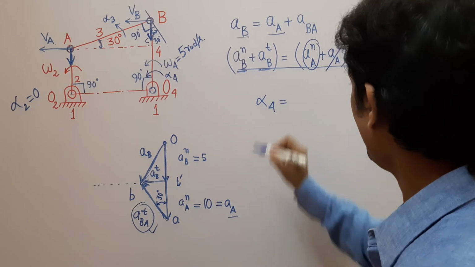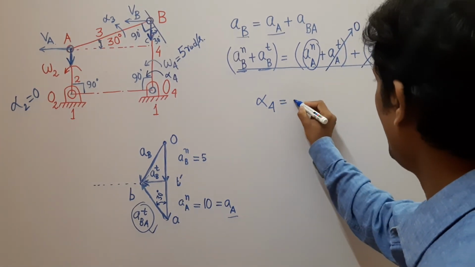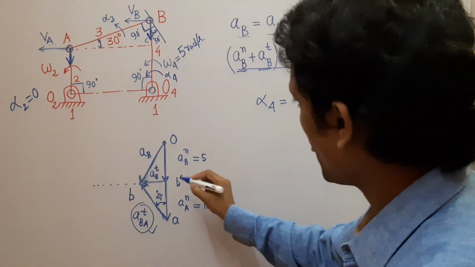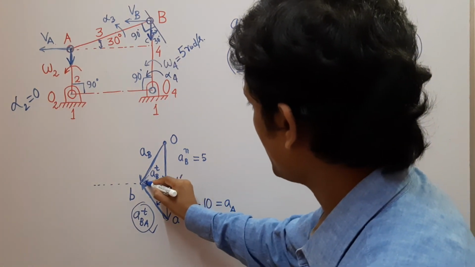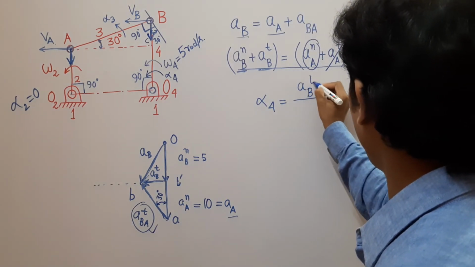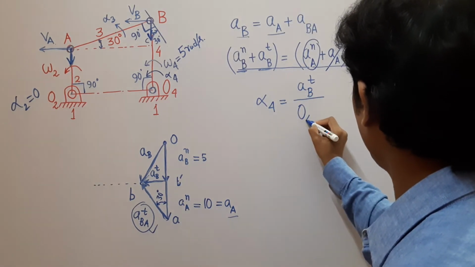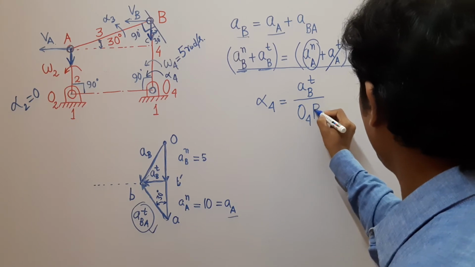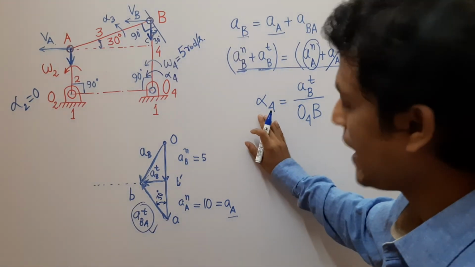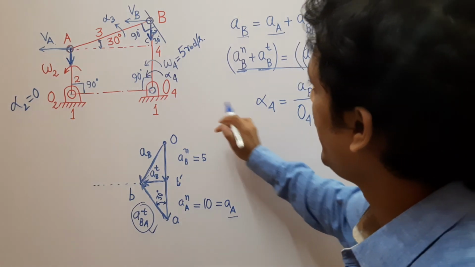What is alpha 4? Alpha 4 depends on the tangential component of point B, ABT by O4B. So this is the angular acceleration of link 4.